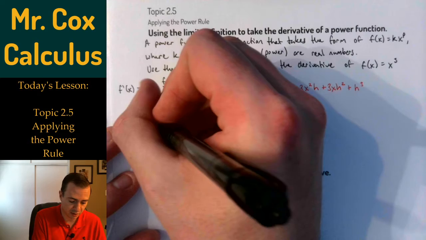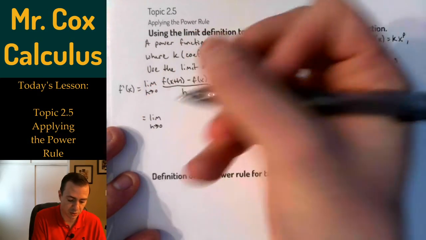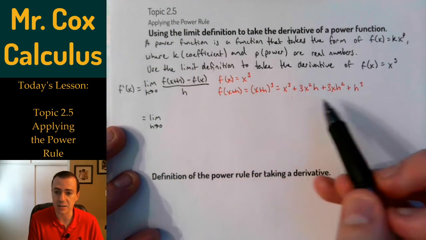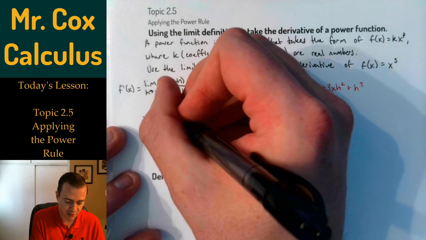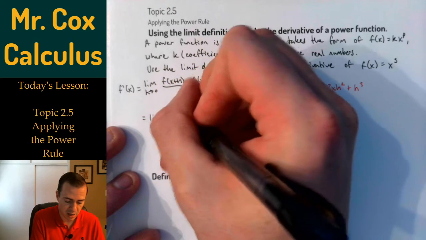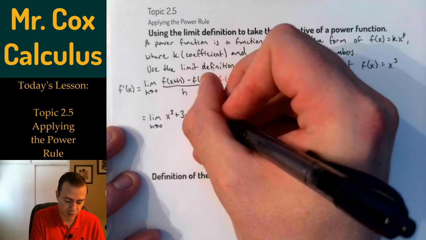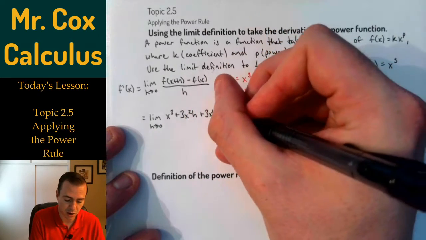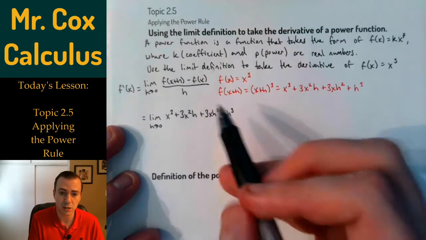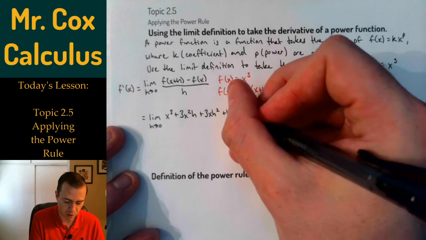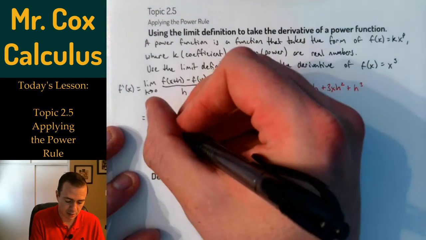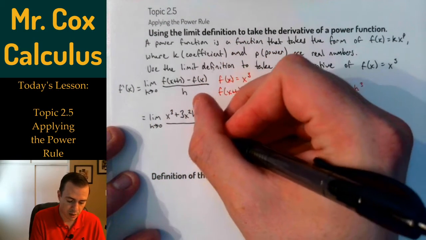So this is the limit as h approaches 0 of f of x plus h, which we said was x cubed plus 3x squared h plus 3xh squared plus h cubed, minus f of x, which was x cubed, and it is all over h.